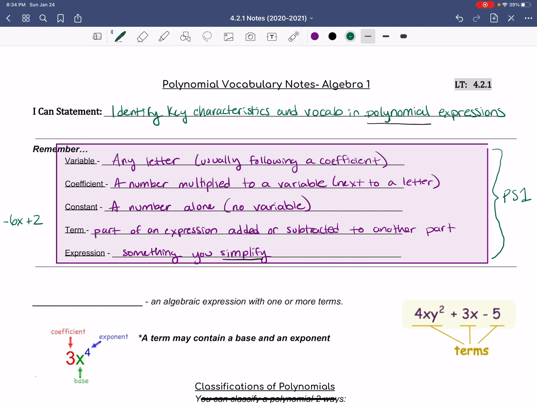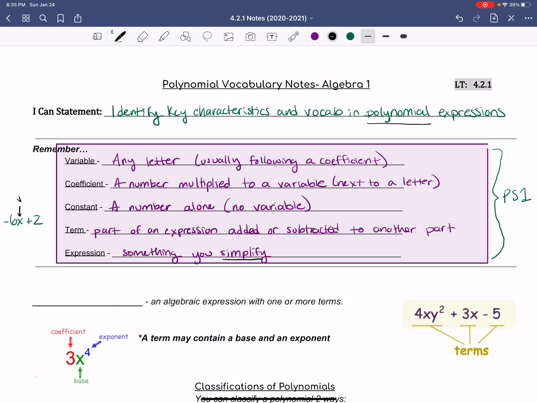All right, the first word that we're looking at is variable, and this is any letter that represents a number, it's usually following a coefficient. So if you look over to the left-hand side here, there is this expression that says negative 6x plus 2. In that expression, we have one variable, and our variable here would be x.